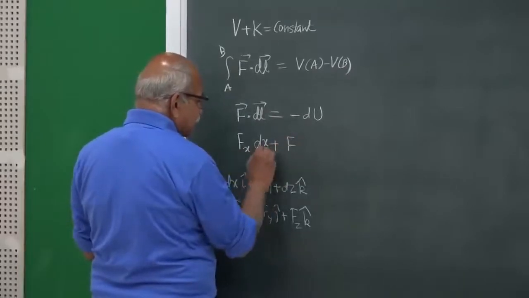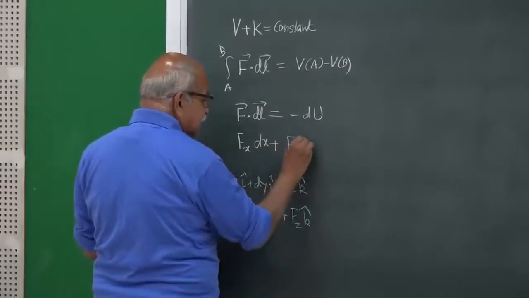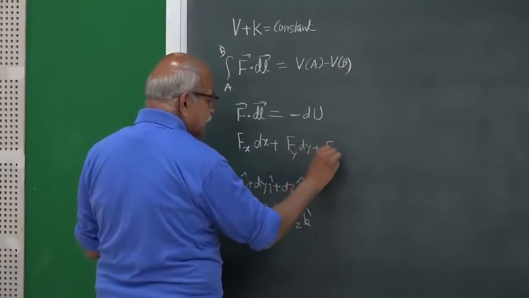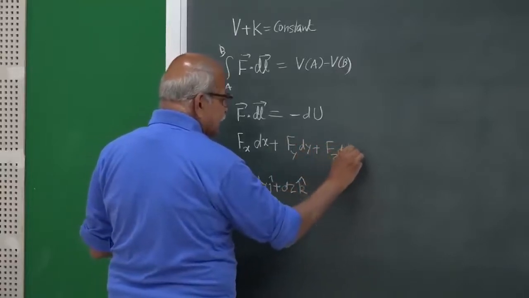So, this is Fx dx plus Fy dy plus Fz dz, this is dV.